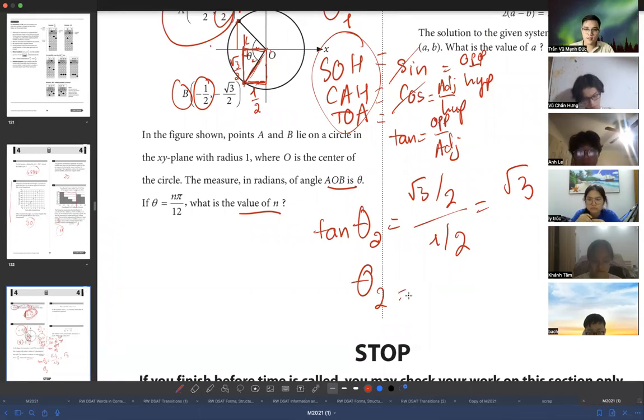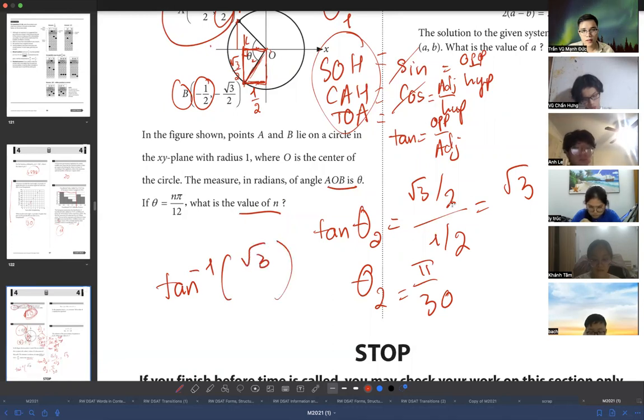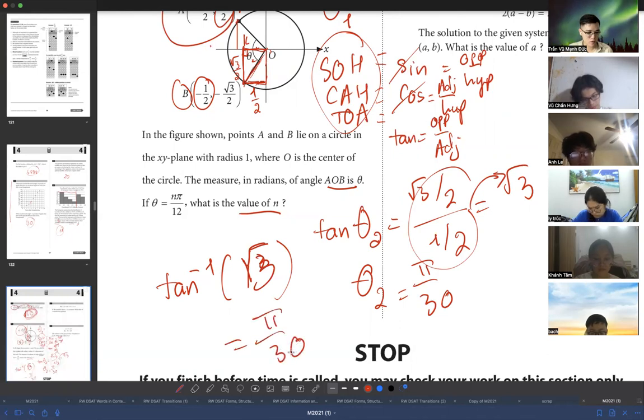Oh, no, it's 60. It's pi over 3. Just use the calculator, guys. You can calculate by using tan to the power of -1 of square root of 3. Okay, this equals square root of 3. So tan to the power of -1 of square root of 3 equals pi over 3.